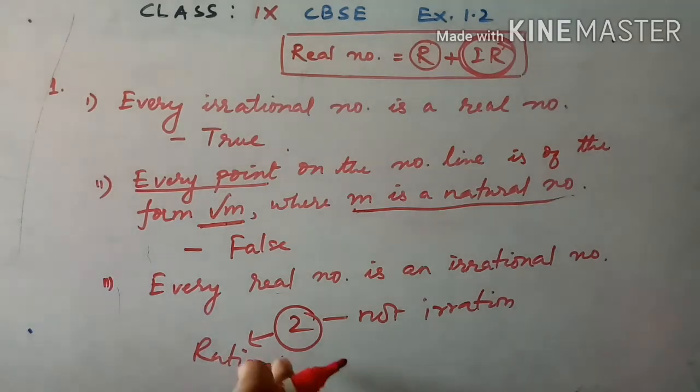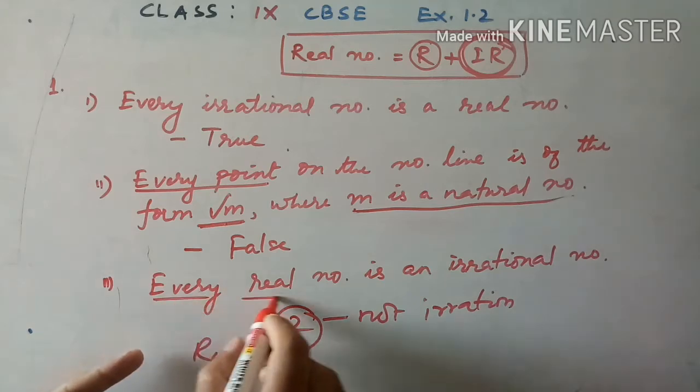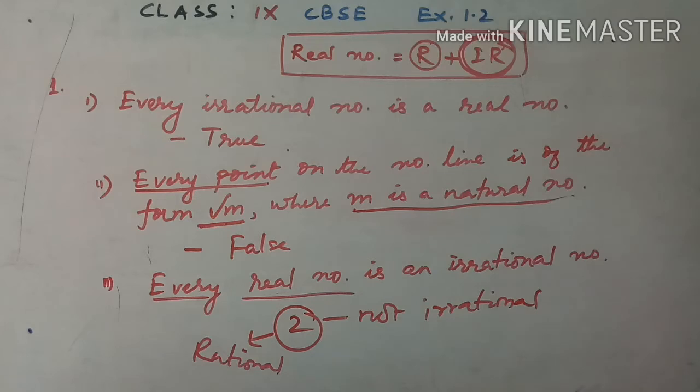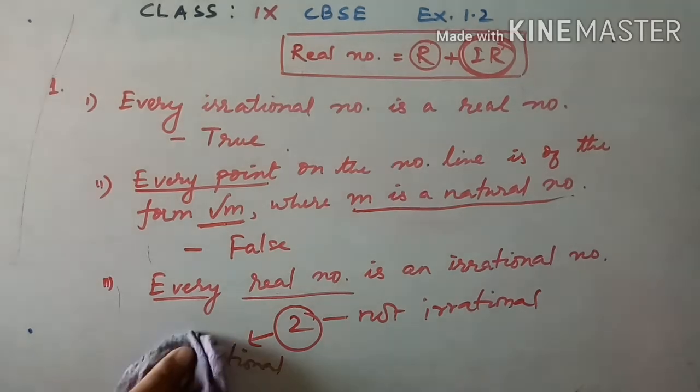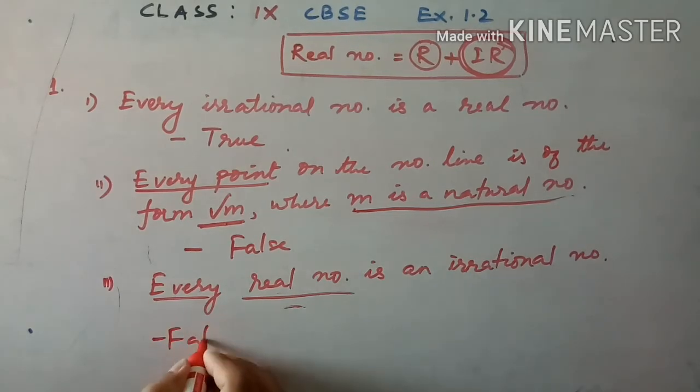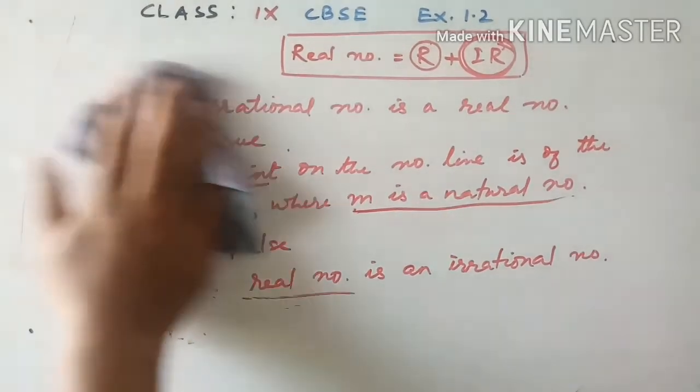But the question is telling that every real number is an irrational number. It is a false statement. Okay, it can be rational, it can be irrational. So every real number is an irrational number is a false statement. Okay, so this will be false. Then we'll go to question number 2.